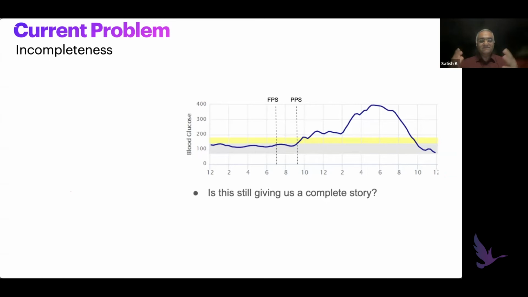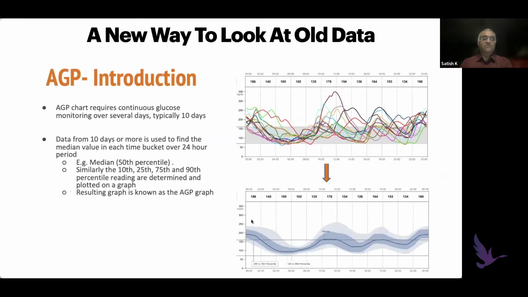When you take these readings over the next 14, 15, 20 days, a continuous glucose monitoring, you start to get a new kind of chart called an AGP. I will not take you too much through the AGP, but essentially it takes the same set of data over the next 15, 20, 30 days and builds a variability graph from this data.